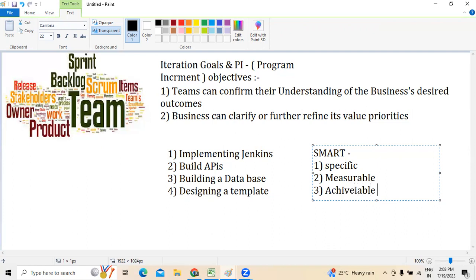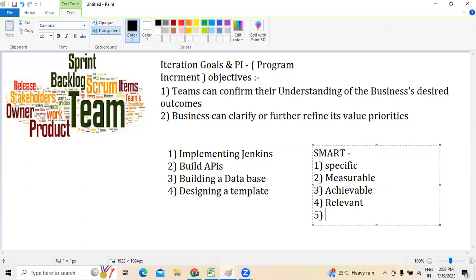Achievable, right? So this is also required. We should be in a position to achieve these things as well. There should not be any exaggerations. Whatever is possible for us to achieve, those must be the objectives. And objectives must be relevant, right? Because there is a connect over the objectives that we are writing. So that relevancy is also required.